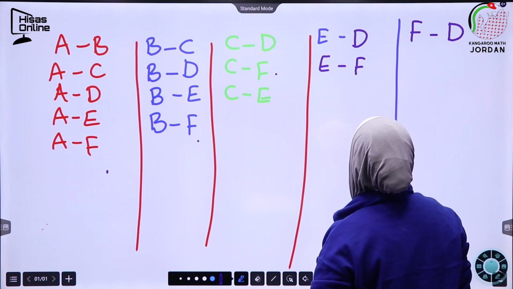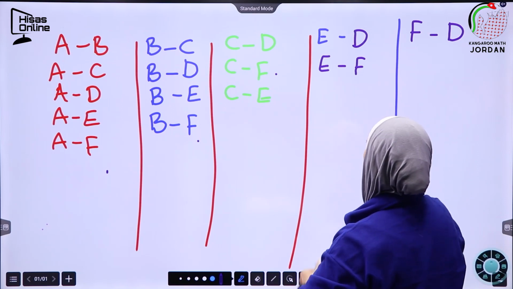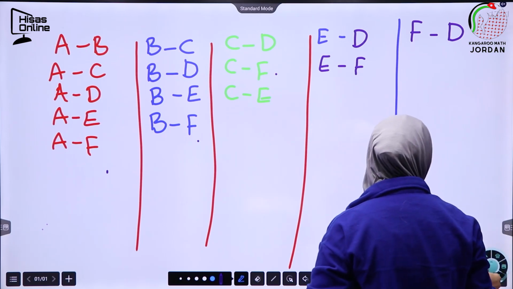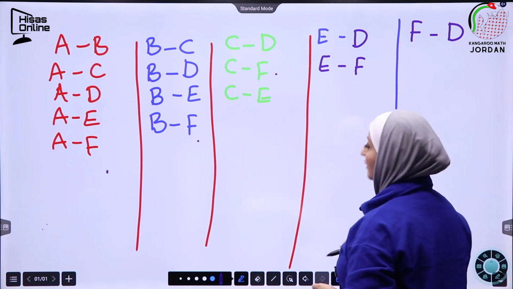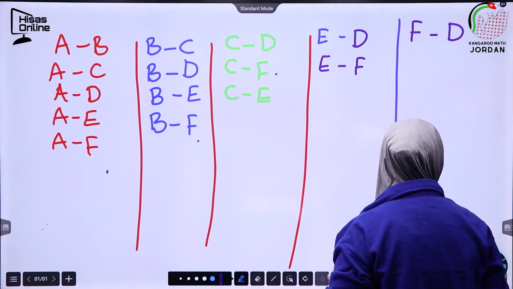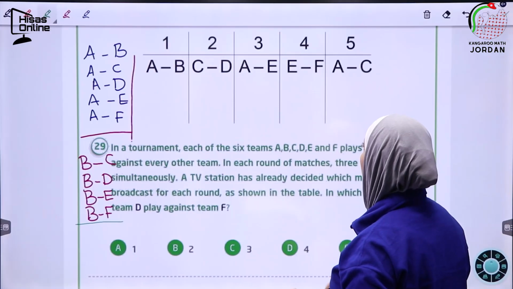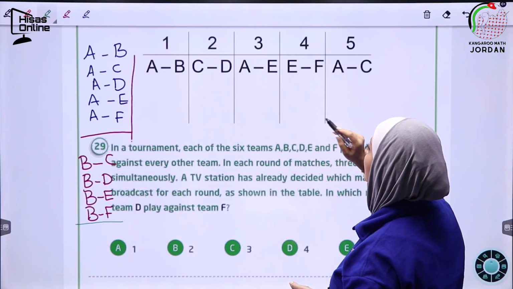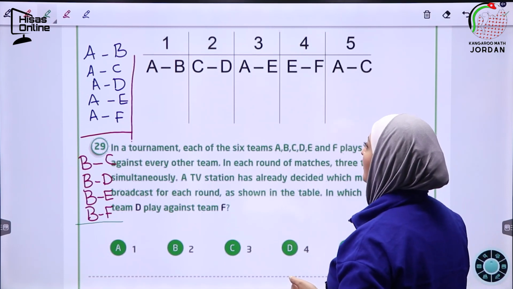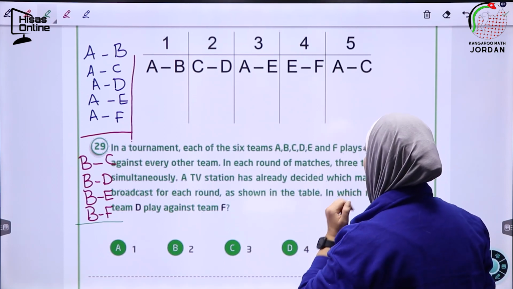Okay, F with E played, yes, so it's only F with B. I will go back and I will copy the table, A, B, C, D, A, E, okay, how can I cut this?